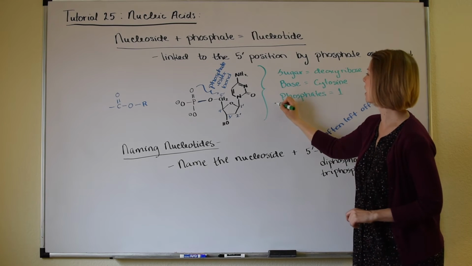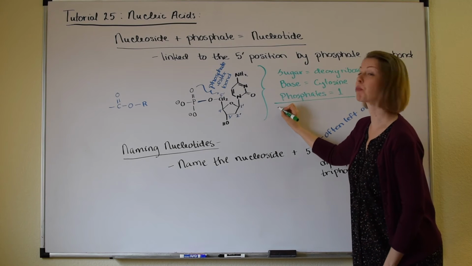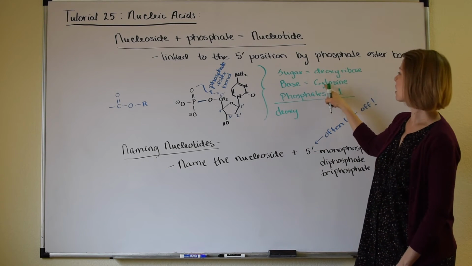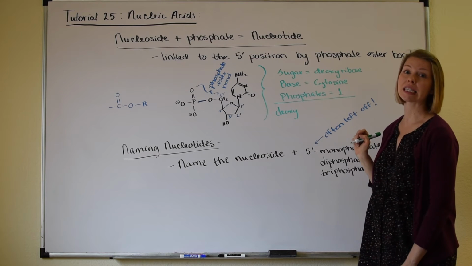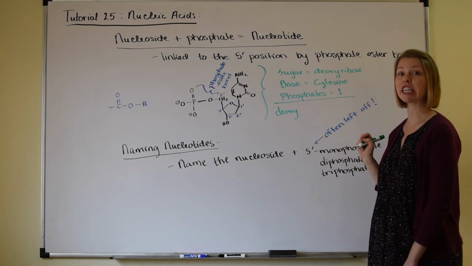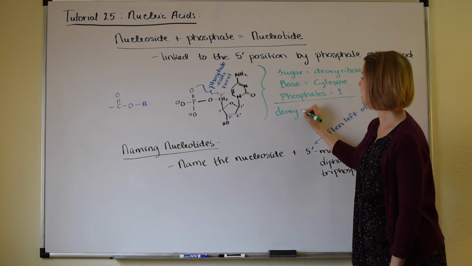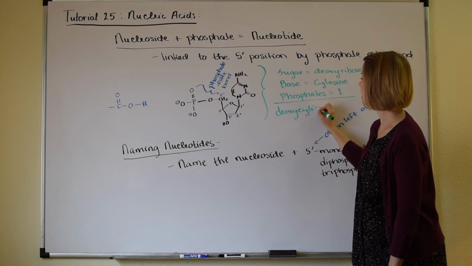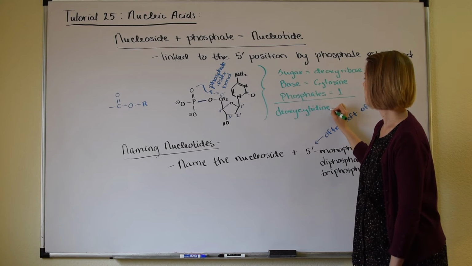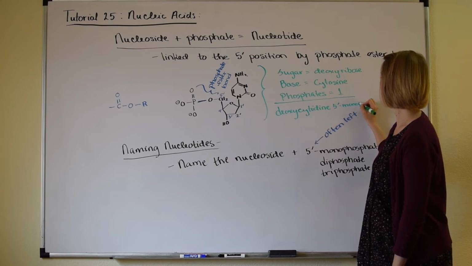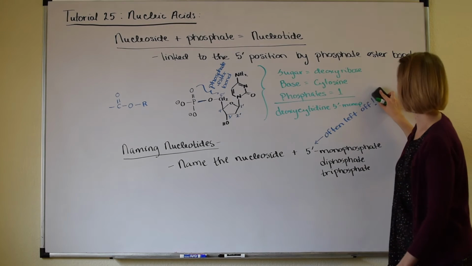Okay, so put all that together, we get the prefix deoxy, cytosine. Because it is a pyrimidine, we change the ending to idine, so it becomes deoxycytidine 5' monophosphate. I'm running out of room here.